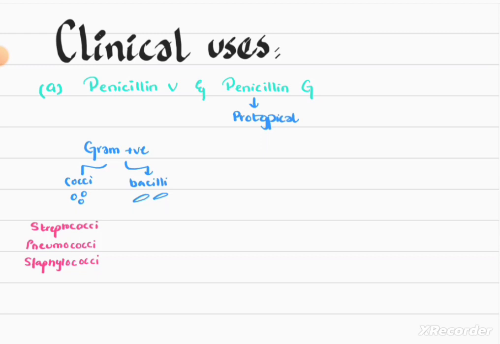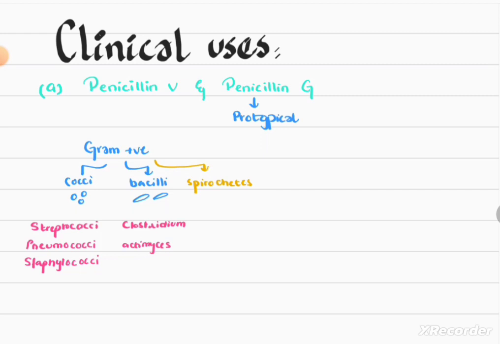They also have activity against gram-positive bacilli, which includes Clostridium and actinomyces. Now there is another class of bacteria which have a spiral-shaped structure, and they are known as spirochetes.